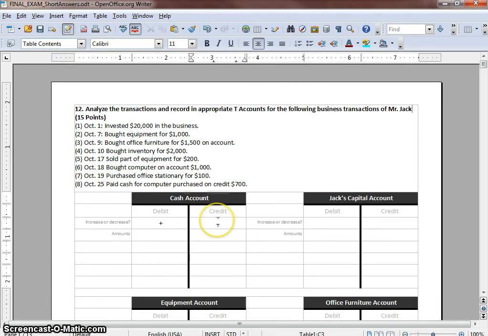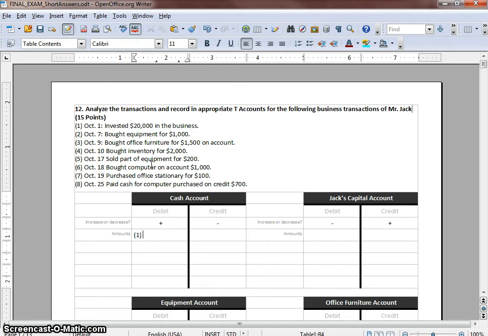Okay, there we go. So first we need to go in and put in all your increase and decrease signs, which I think it looks like you had most of them correct. Okay, so with our first transaction on October 1st, we invested $20,000 into the business.